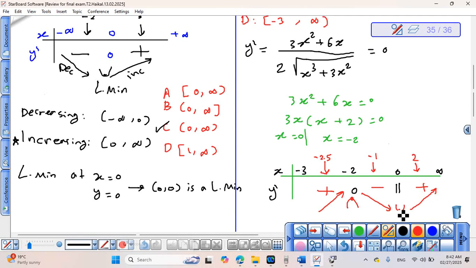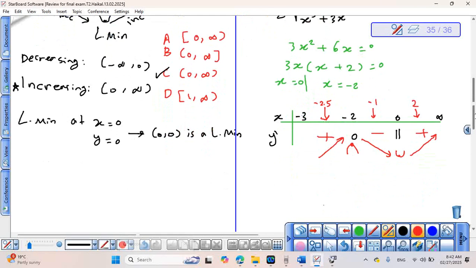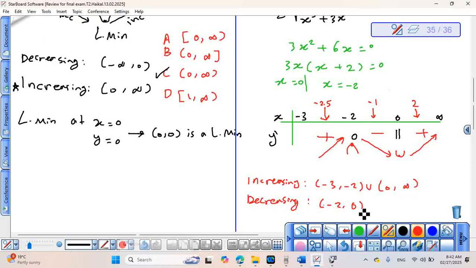Maybe this point is also a local minimum. Okay, we can write increasing from negative 3 to negative 2, open from both sides, be careful about this, and also from 0 to positive infinity. Decreasing from negative 2 to 0, that's it.